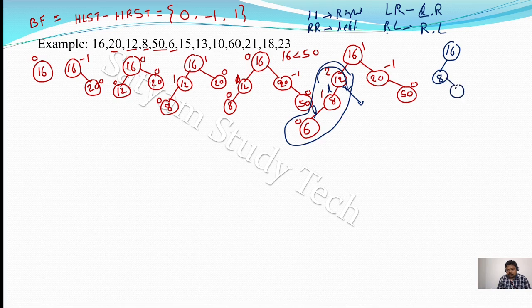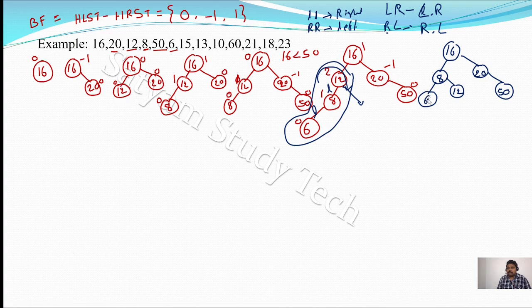It is 12, right? It is 6, and then here it is 20, here it is 50. So again you have to check whether it is balanced or not.